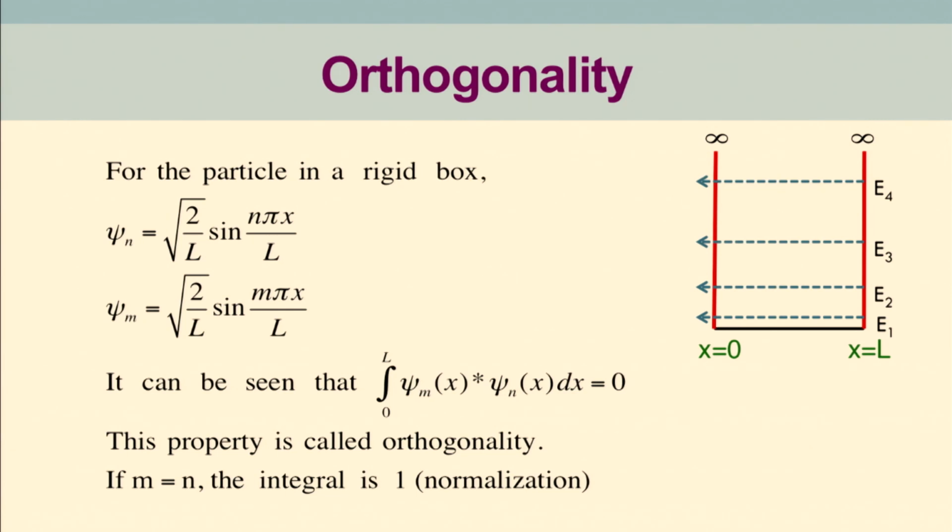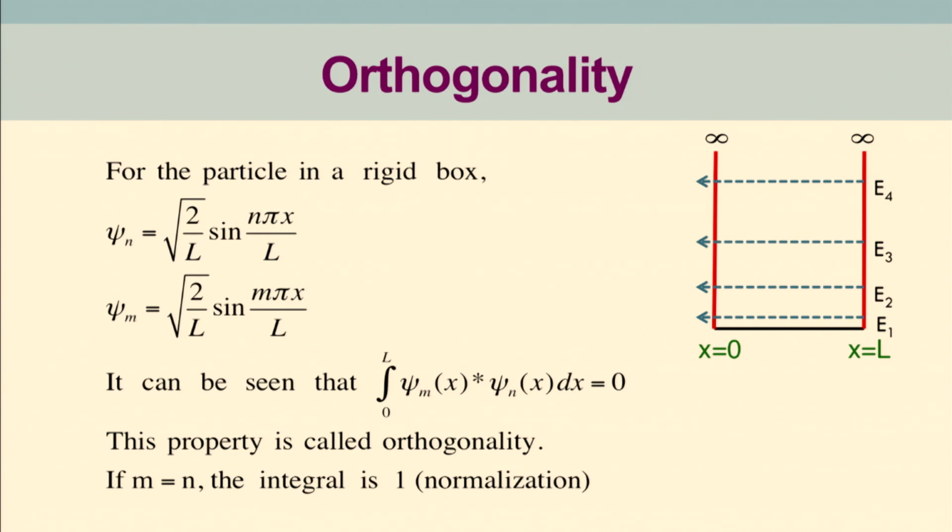After solving this problem, a particle inside this potential well, by solving the Schrodinger equation, what we found is that this particle can only take a discrete set of energies, which in other words is also called the energy being quantized in this potential well.